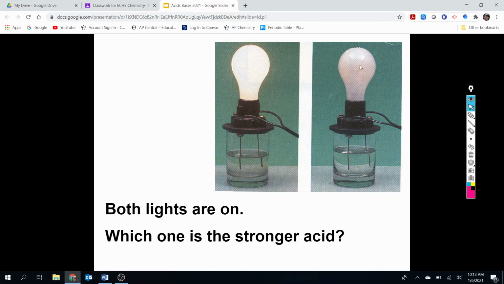It's hard to tell on this picture because it's a little dim, but both of them are on. So which one do you think is the stronger acid? Okay, and if you said the left one, you would be correct, because since it is stronger, it has more ions moving around in the liquid, and it is able to conduct a greater electric current.